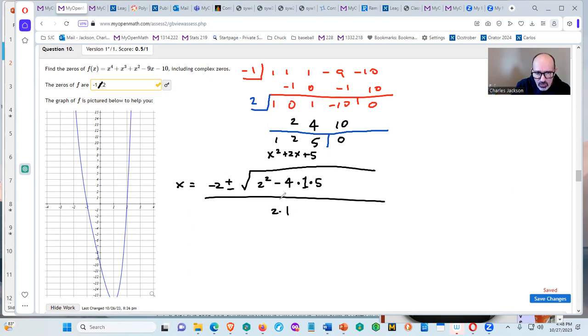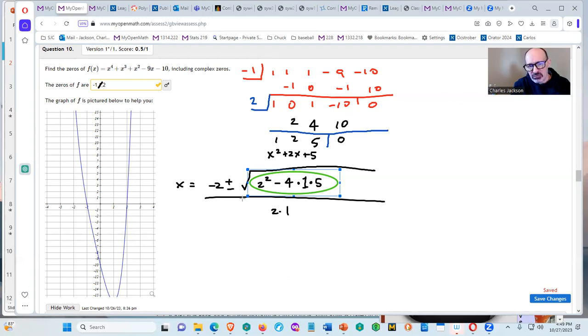Now we can tell by looking at this thing under the radical, and seeing that it's going to be negative, it's called the discriminant for that reason.